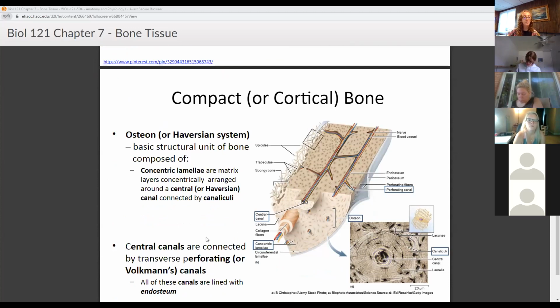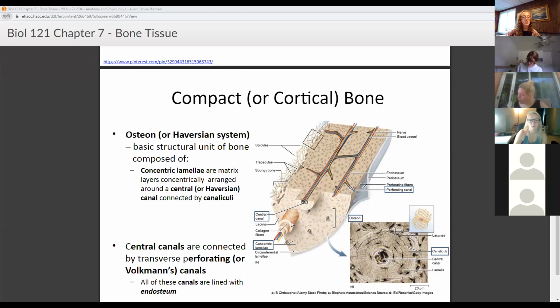So looking a little bit more at the histology of compact bone versus spongy bone. Compact bone contains osteons. So this is a basic structural unit of bone. It's concentric rings around a cylinder-like shaped structure.